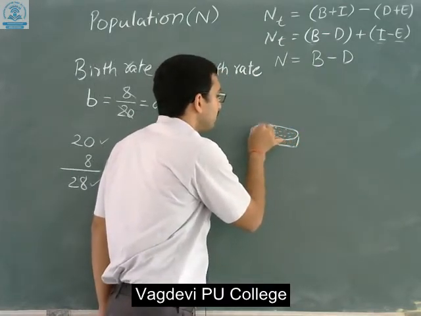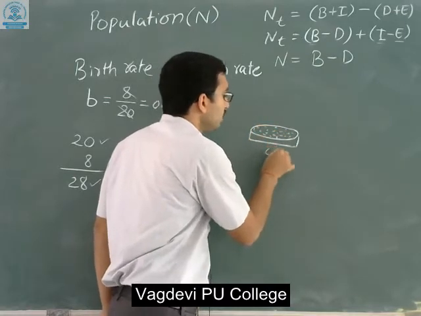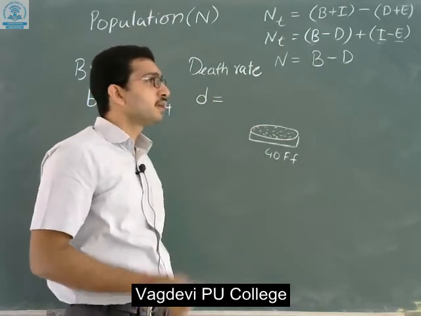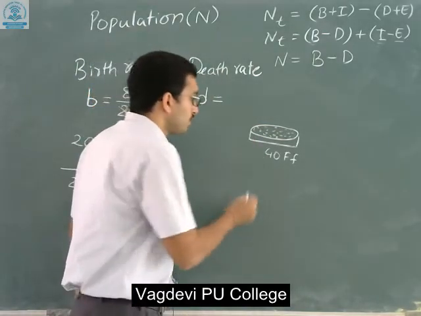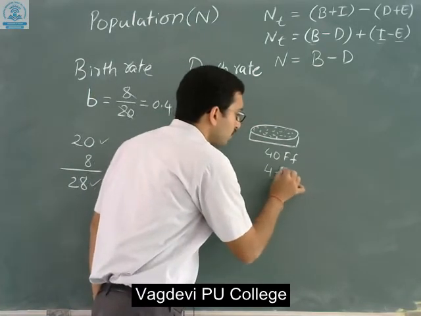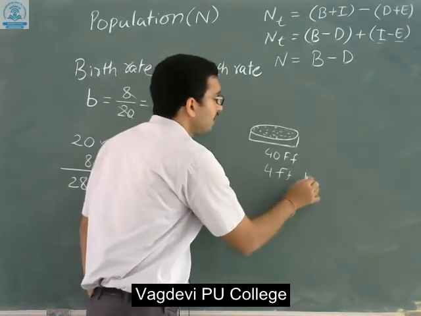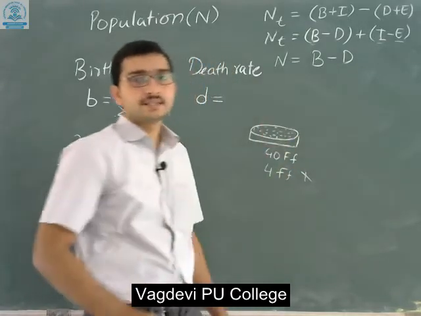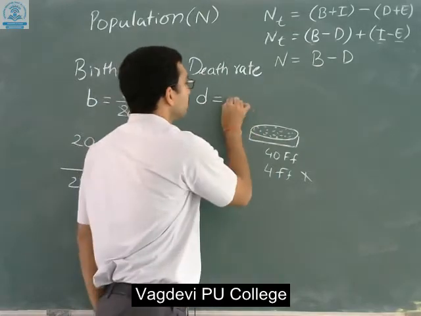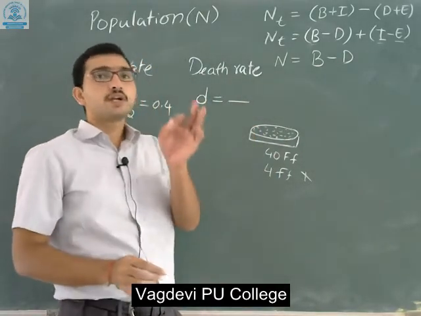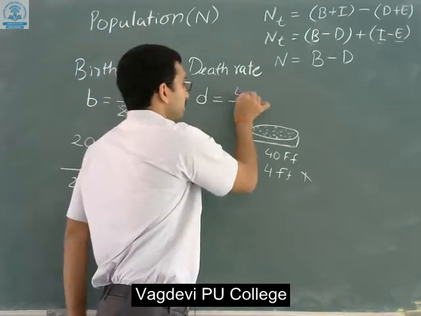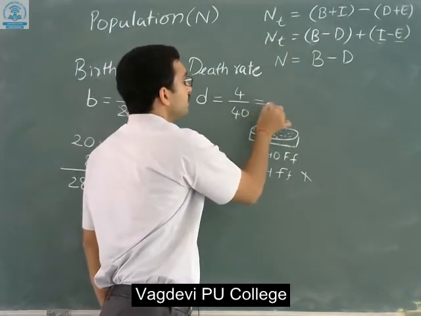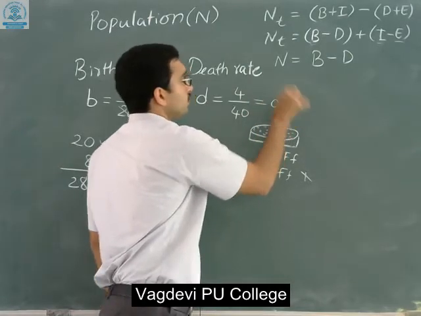But unfortunately, after a few weeks we observed that 4 fruit flies were dead. So as you know, death rate is dependent upon the number of deaths and the total number of individuals, that is 40. If you divide this, you are going to get 0.1.